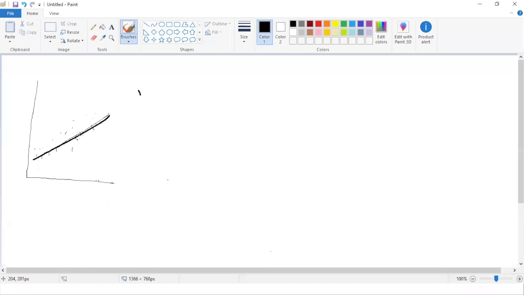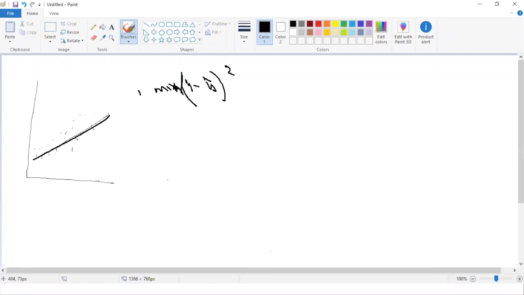For any best fit line, we just want to make the cost function as minimum as possible. The cost function was y minus y hat, whole square, sorry for my handwriting. This is the cost function, and we want to minimize it as much as possible.